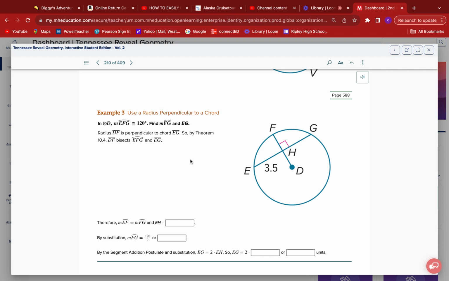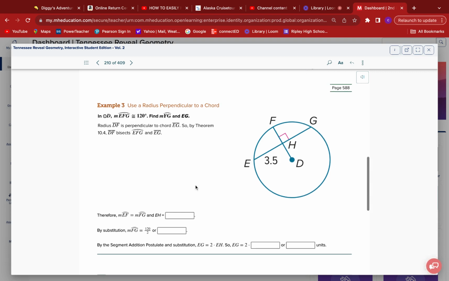All right, so let's get to our directions. Circle D, that means D is the center. Arc EFG is 120 degrees. We need to find arc FG, which has been bisected by the rule. Bisect means cut in half. And we need to find EG. Well, that means they want all the way across. One thing at a time, I suppose.